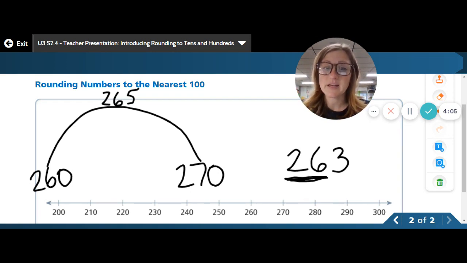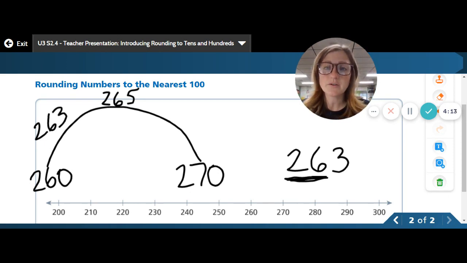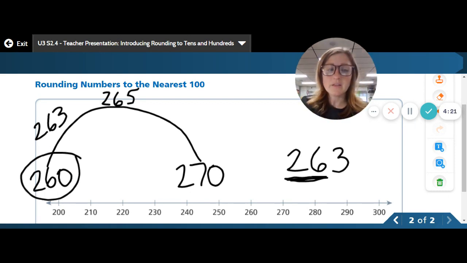The last step is then to put this number on the mountain. So it's on this side of the mountain because 263 comes before you get to 265. So this time I'm circling this number, this side of the mountain, 260.